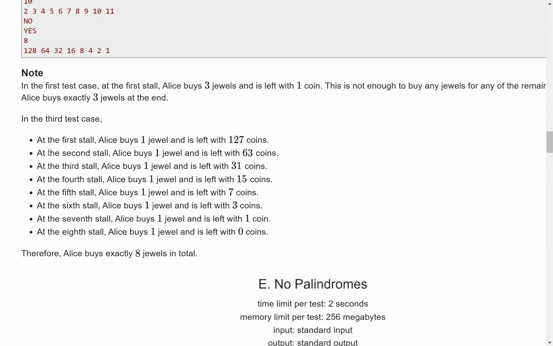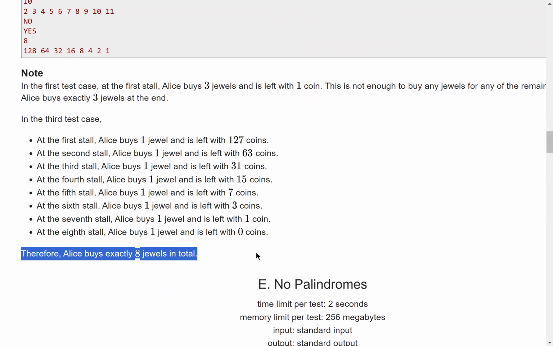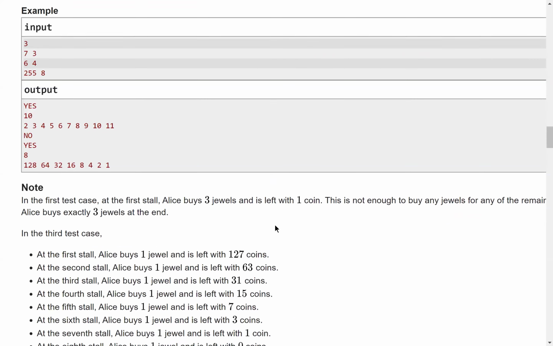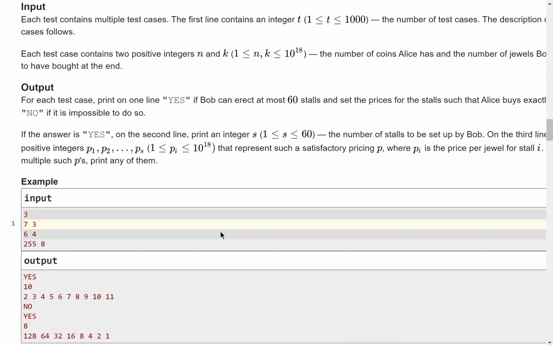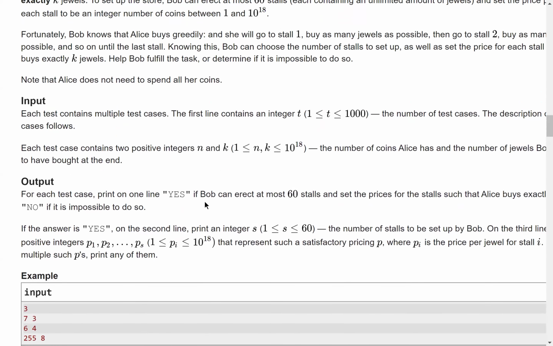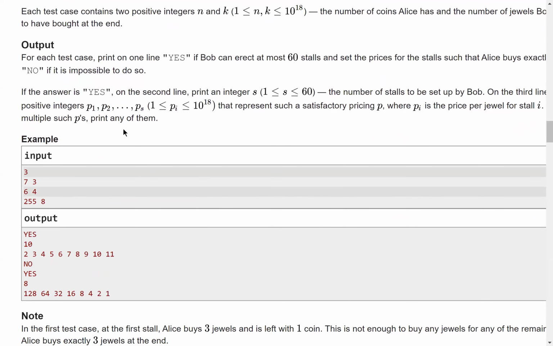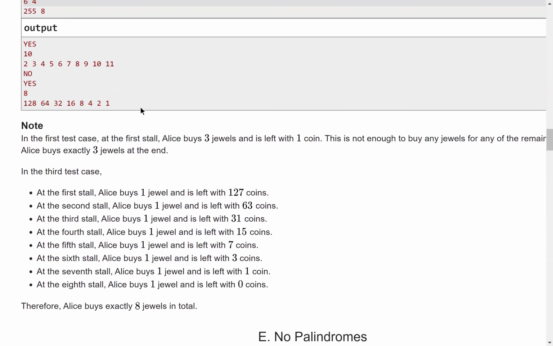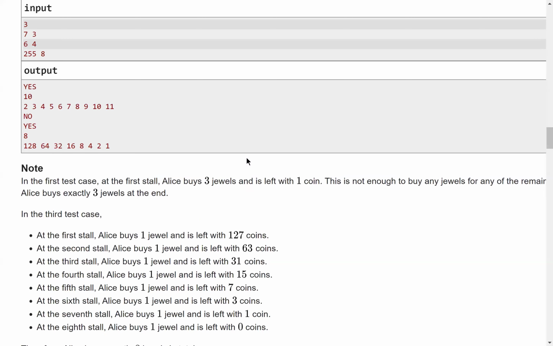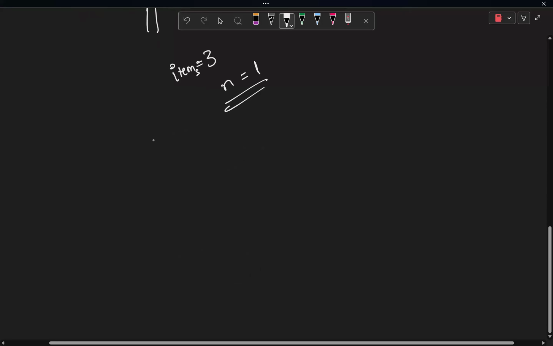They have actually given the explanation here of how she would end up buying exactly 8 jewels. But this K can be really huge. So I don't think that this pattern will ever have any significance, or at the very least, this is not really controllable for us.